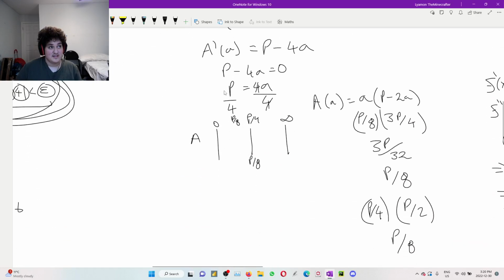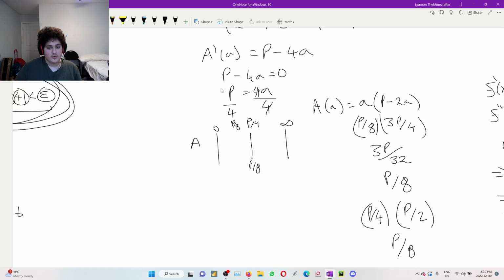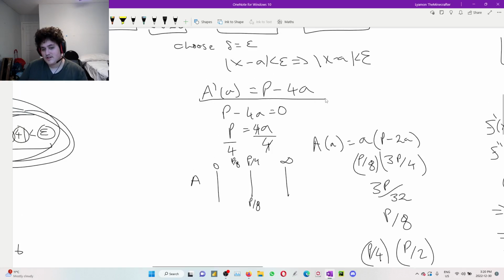What I wanted to say is we want to check when this is positive or negative. A prime, if we want to check when it's greater than 0, then add 4A on both sides. A is less than P over 4.